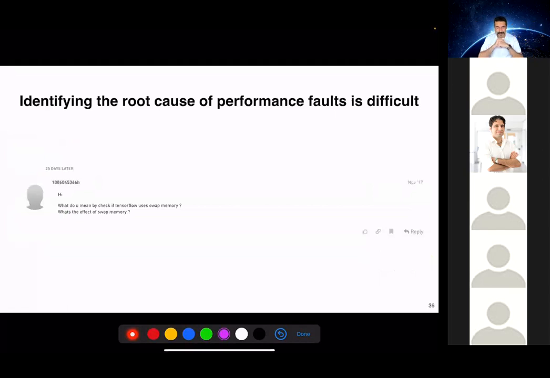And more importantly, end users want to understand this. They want to find out, if they change, for example, something like swap memory, what would be the effect? What would be the effect of this change in terms of performance, right?